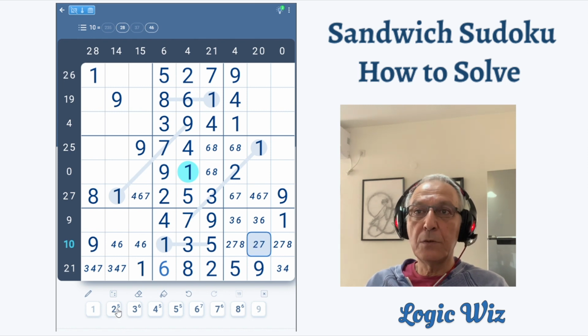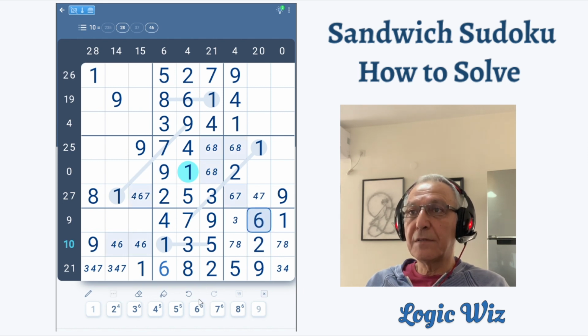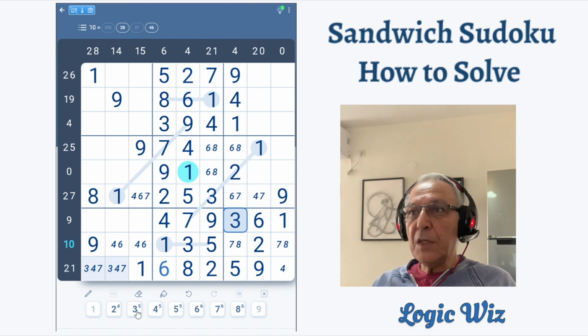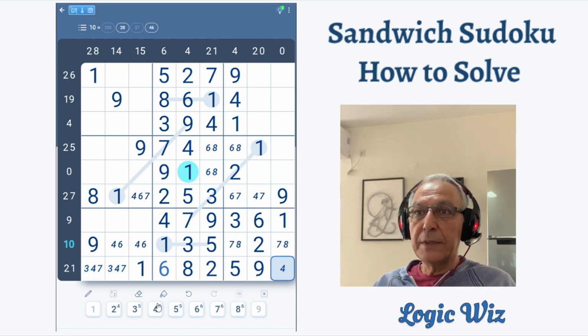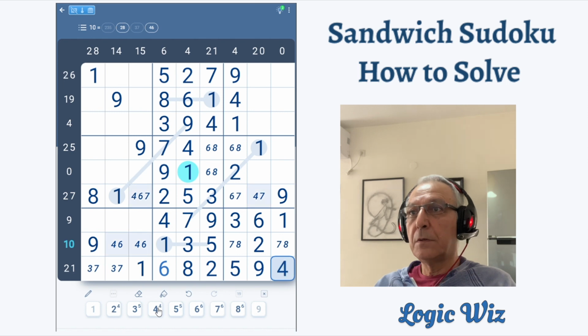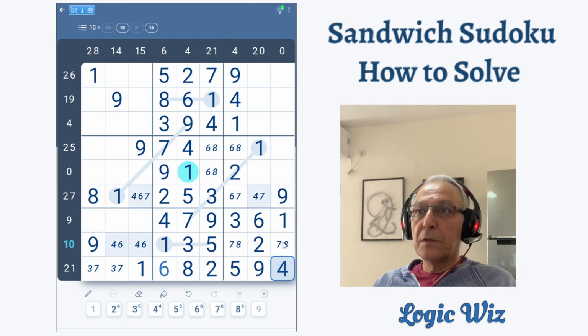This one has to be a 2. This one can no longer be 3, now 6. And 3, now we know that this one is a 4. 7 and 8, we cannot determine which one is where. Let's look at those 3.